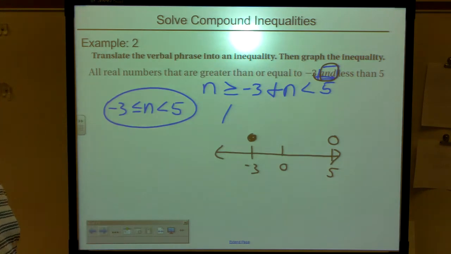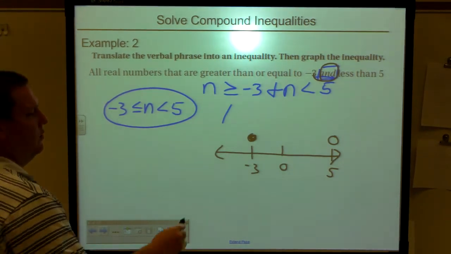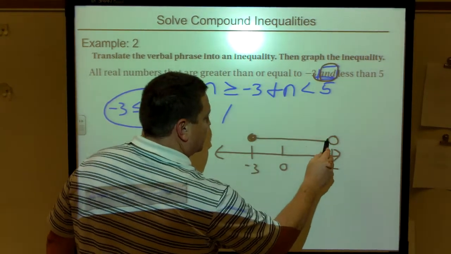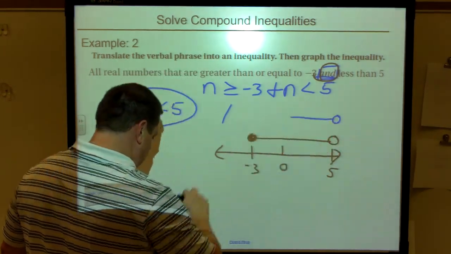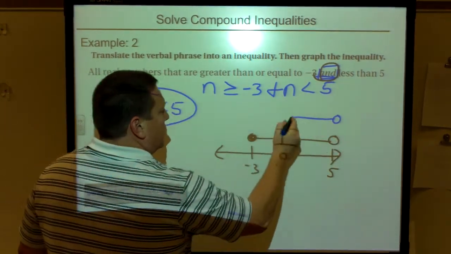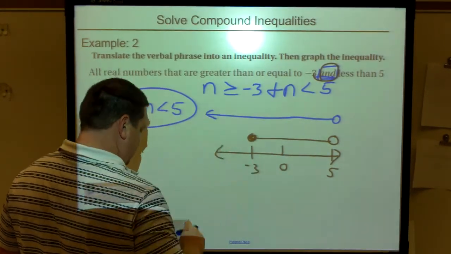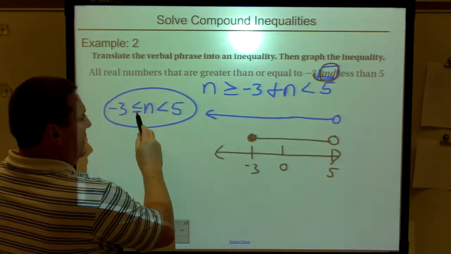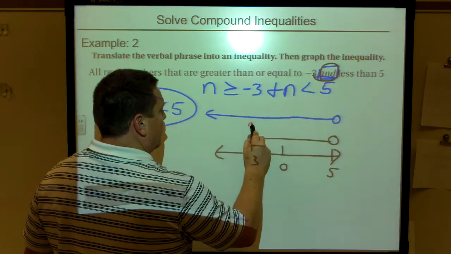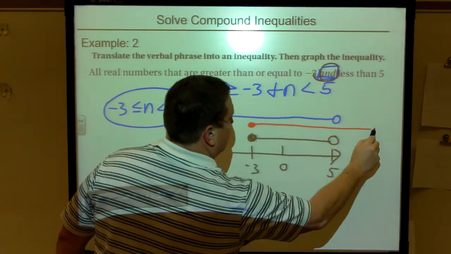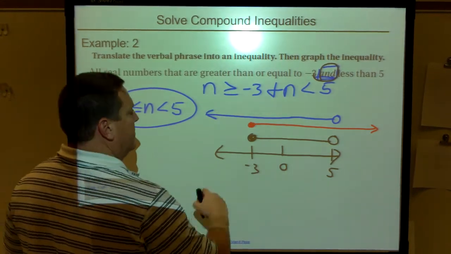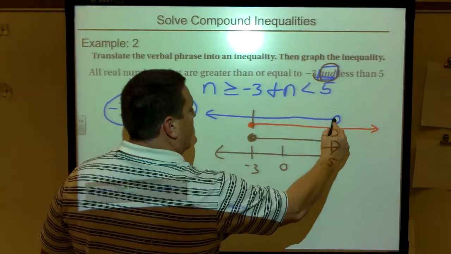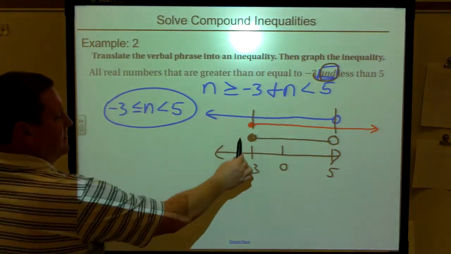And is meaning between, so it's between them. So I only want the part that's between. Because this graph over here technically would go this way, and this one over here would go that way. But I only want the spot in which these two graphs overlap, and that's in between.